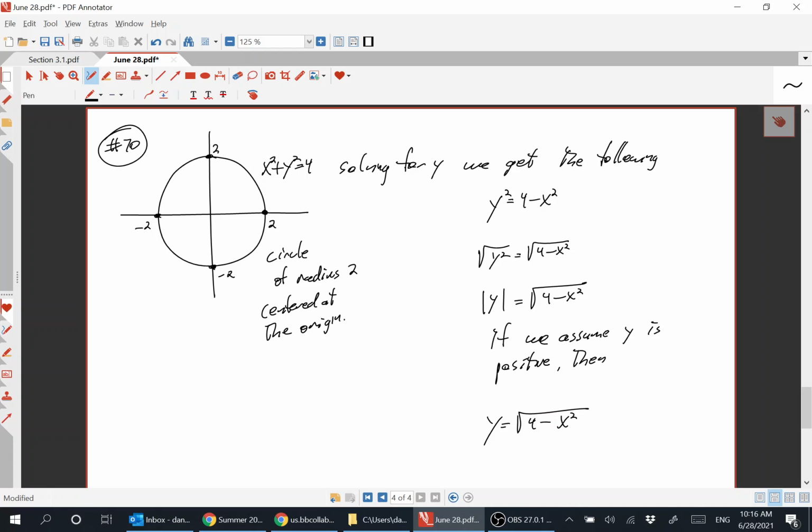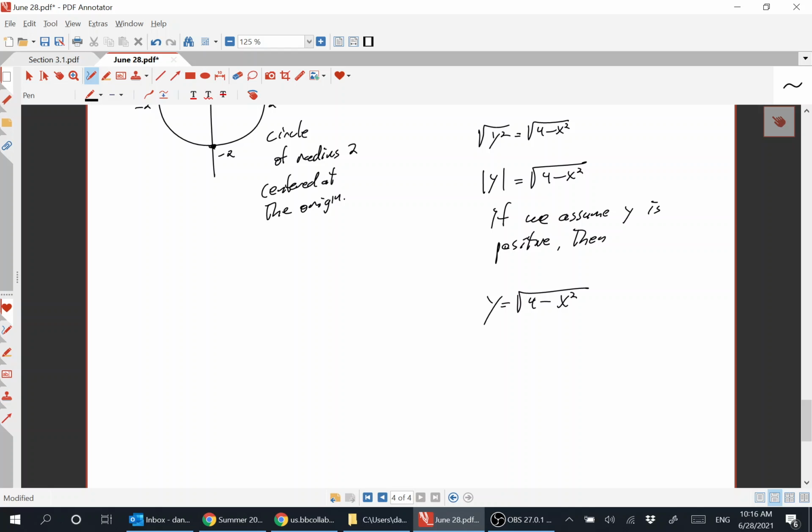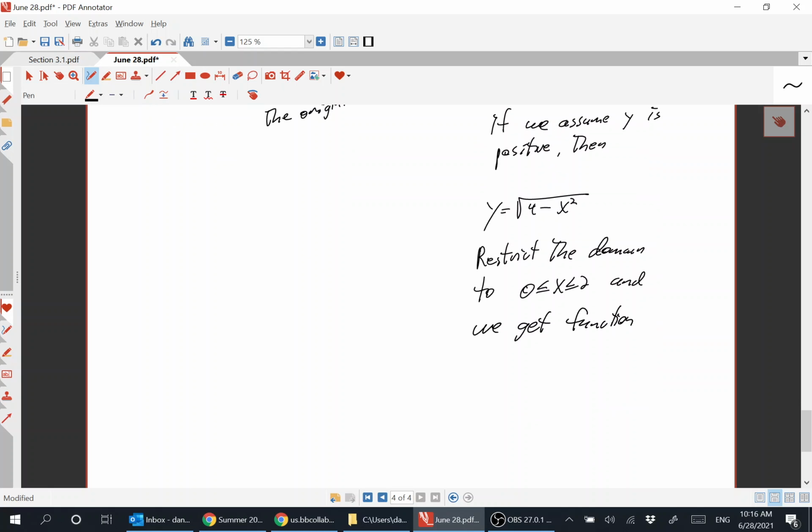And let's restrict the domain to x's between 0 and 2. And we get a function f of x equal to square root of 4 minus x squared, whose graph, y equals square root of 4 minus x squared, is the quarter circle in the first quadrant.